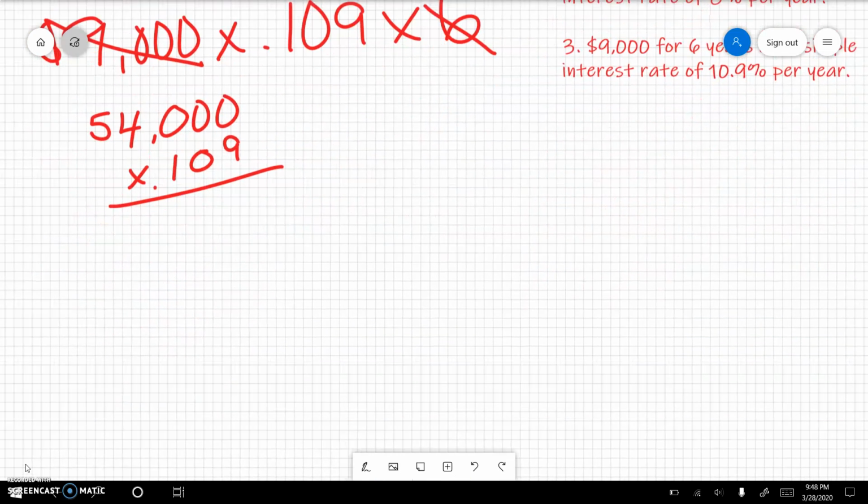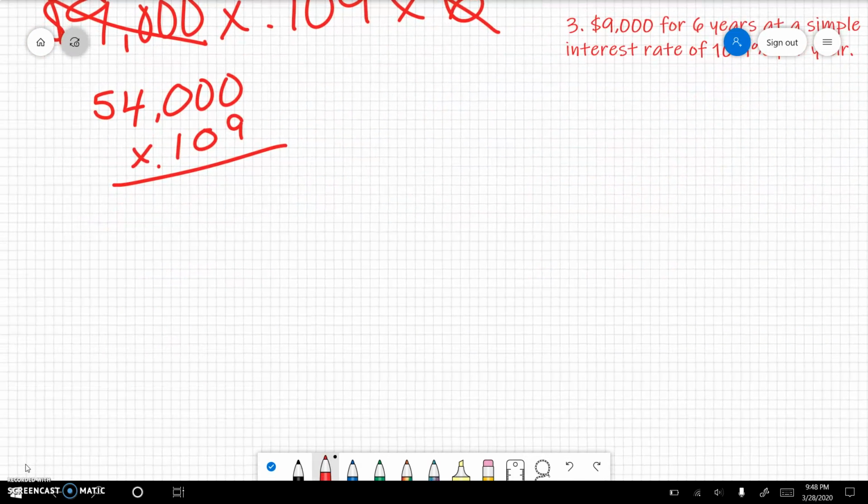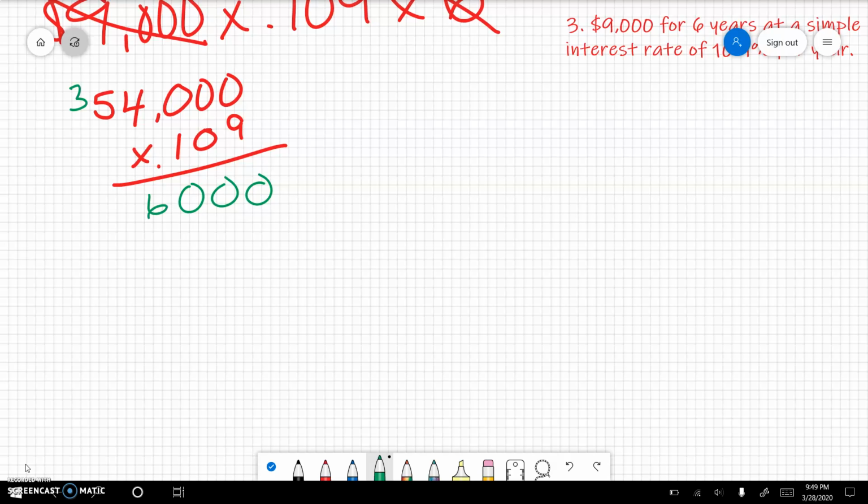Again, I'm going to move my board down for the sake of room, then we'll go back up. Okay, 9 times 0 is 0, 9 times 0 is 0, 0. 9 times 4 is 36. 9 times 5 is 45, plus 3 is 48. Okay, placeholder 0. I'm going to have a whole bunch of zeros because I'm multiplying by 0. 2 placeholder zeros.